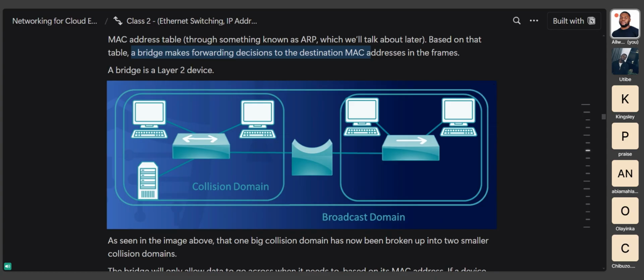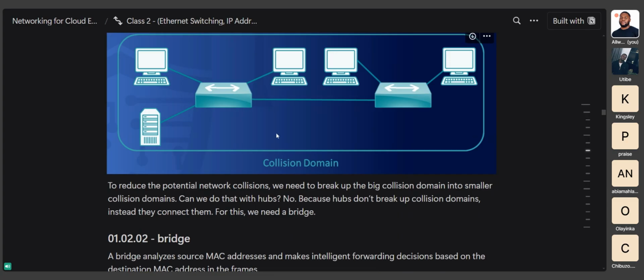So a bridge is a layer 2 device, as you may have guessed. Remember, a hub is a layer 1 device, a bridge is a layer 2 device. Now, this is the same image as the one we had before, but the connectors were hubs. There was no bridge here.